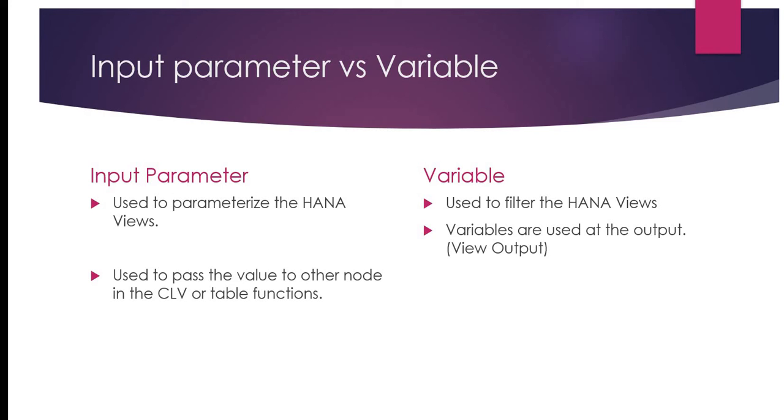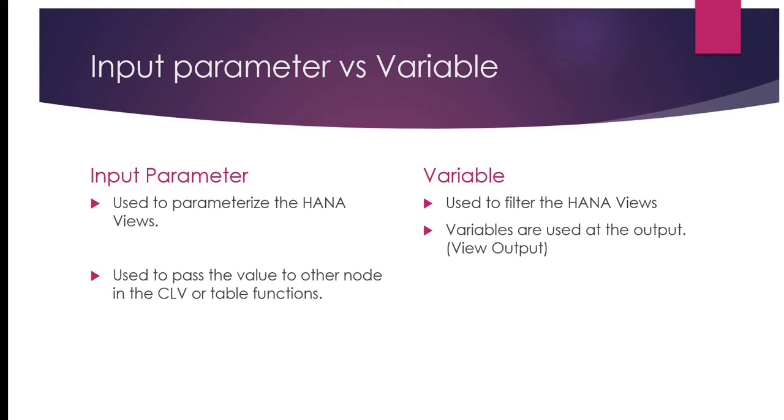Whereas in the case of an input parameter, if you use the year as 2020, it passes the value from one node into the other node in the calculation view, or into another calculation view if you use the same calculation view. So that year moves and passes to the other calculation view and reaches the end where your projection node is. That's the main difference.